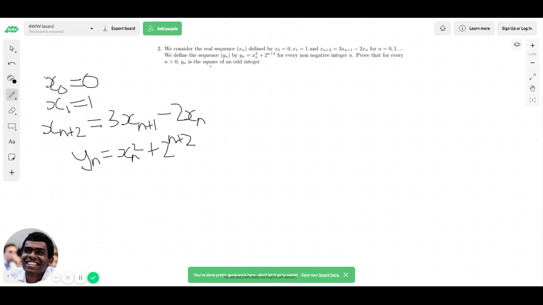And we need to show that y_n is the square of an odd integer.